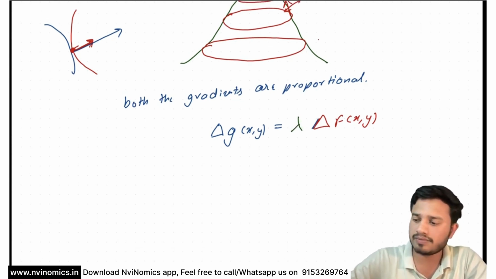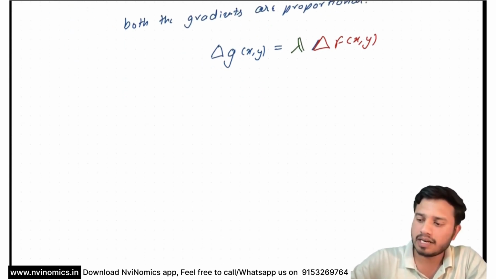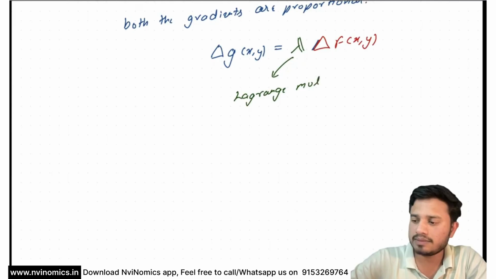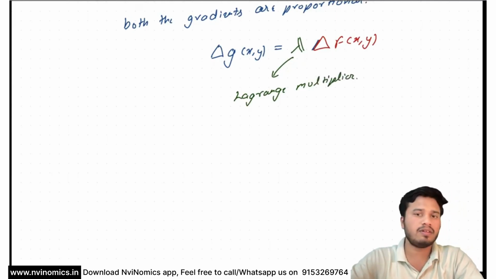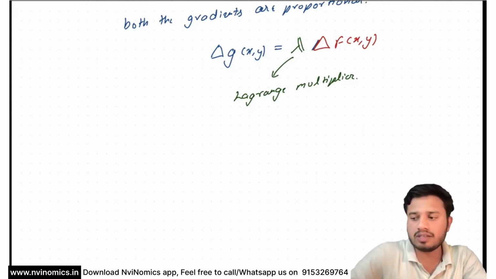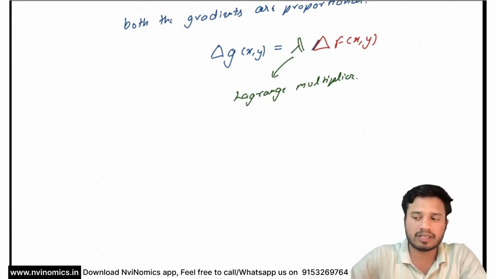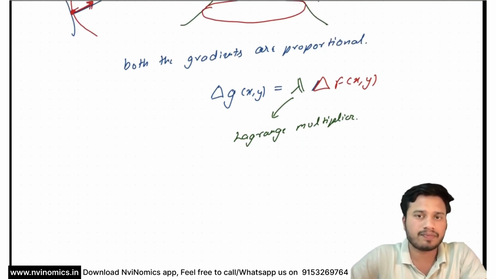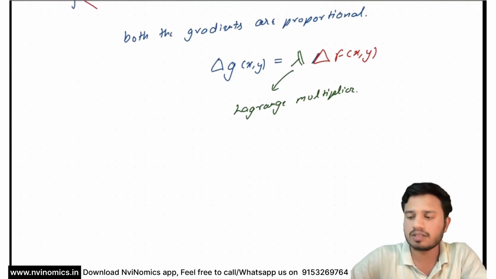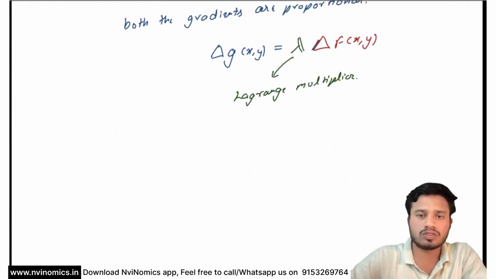Generally we denote it with lambda, and this lambda is also known as the Lagrange multiplier. Now it is hard to explain how this vector represents the steepest direction without studying vector calculus, but I hope you got the idea.